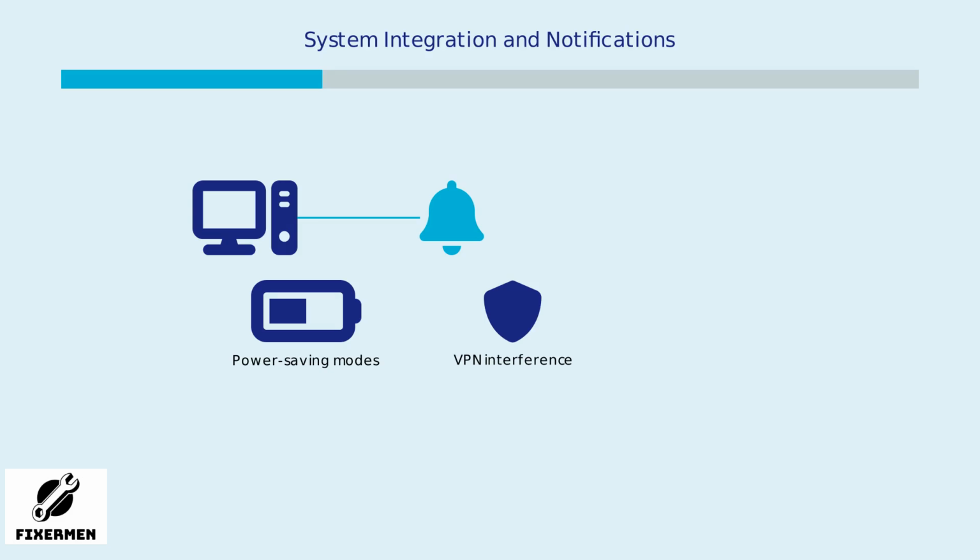Similarly, virtual private networks can interfere with the connection between Outlook and your notification center. To ensure smooth integration, verify that Outlook has the necessary permissions in your operating system settings. This includes allowing notifications and background app refresh, which are essential for maintaining real-time sync with your email server.